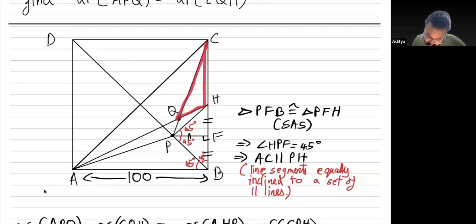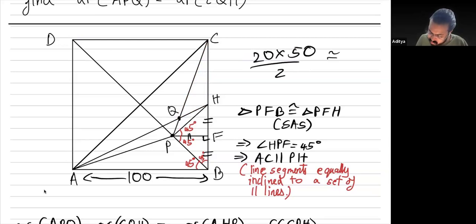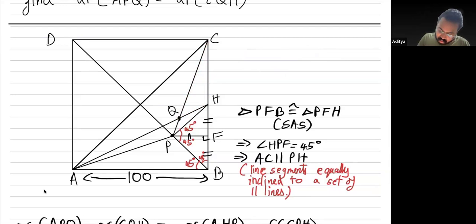But I think it would be 25 times, no, 20 times 50 divided by 2. So I think approximately 500. Someone can check if you got the same result. I'm not 100% sure.